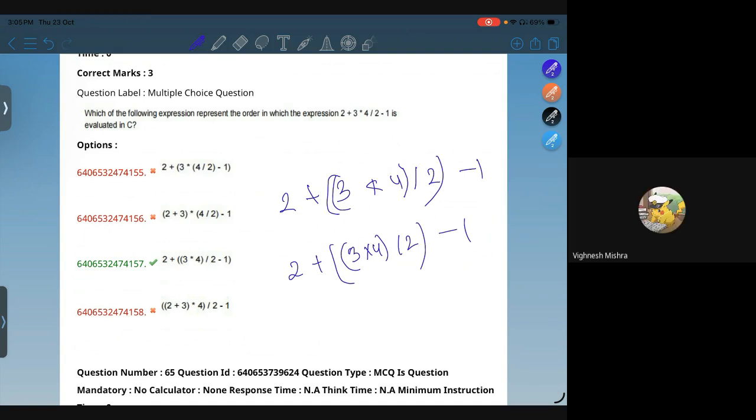But if you compare plus and minus, they're almost similar. Even if this gets evaluated first or that gets evaluated first, it doesn't make any difference in the answer. Even if the whole thing gets evaluated in any order, it won't make a difference.